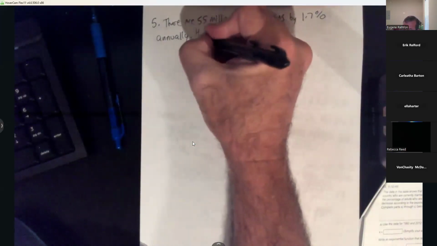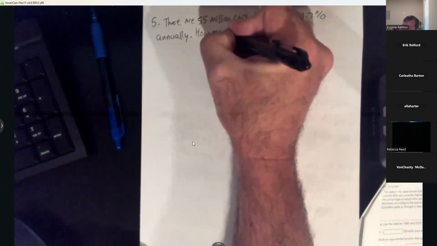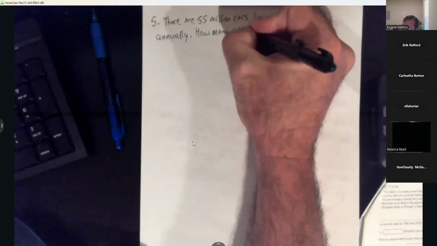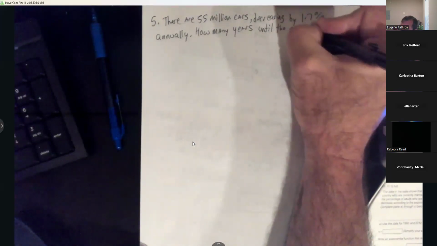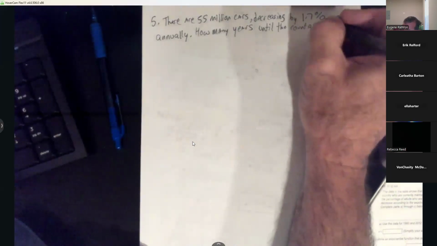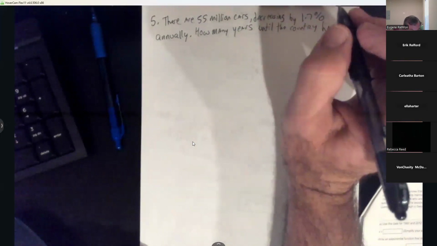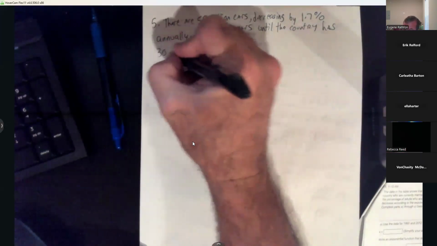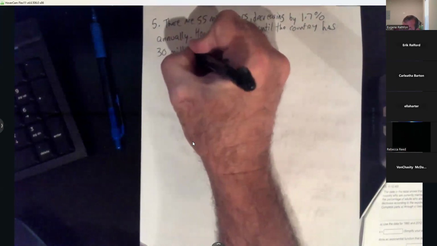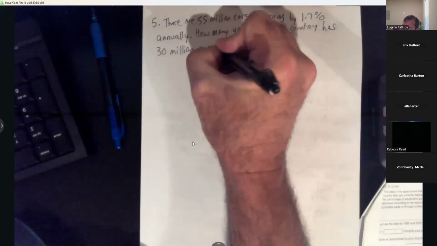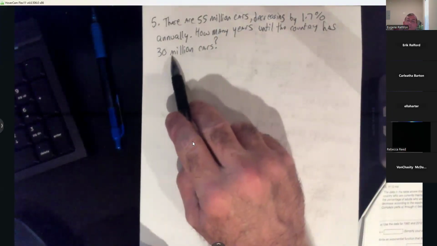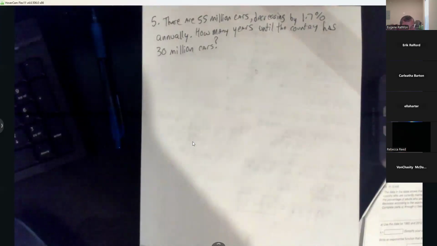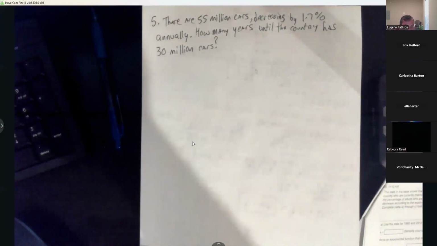They want to know how many years until the country has 30 million cars. So about half of them, right? 55 million. They want to know how long it will take before it has 30 million.